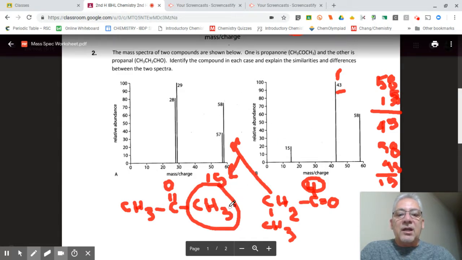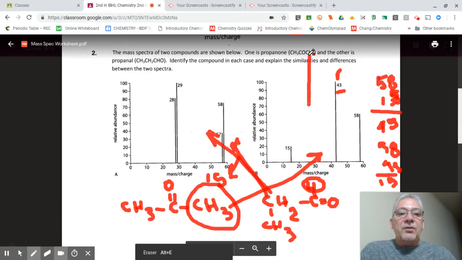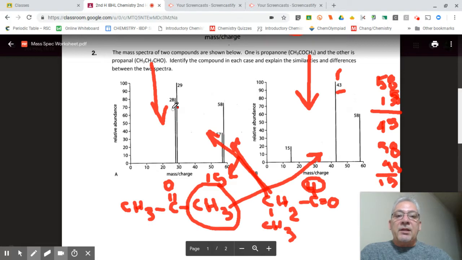So anyways, the answer is this one will be the ketone, and this one will be the aldehyde. One more time, let me go back again. Let me write this one. This one will be the ketone, and this one will be the aldehyde.